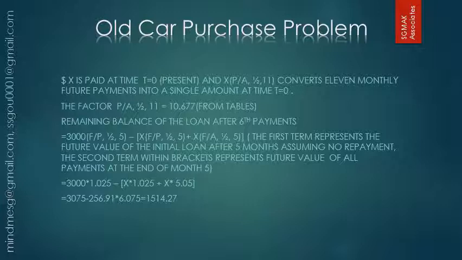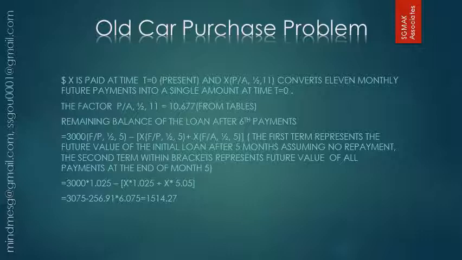and the factors F over P, 1/2, 5 and F over A, 1/2 and 5, are retrieved from the table. 1/2 is the interest rate per time period, which happens to be month here, and 5 is the plan period, 5 months. When you solve this equation, as you can see at the end of this page, we get a value of $1,514.27.